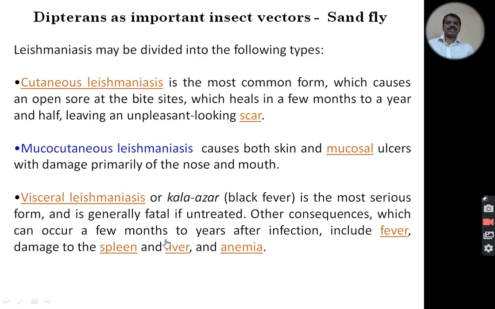The consequences of visceral leishmaniasis can occur a few months to years after infection. The symptoms include fever, damage to the spleen and liver, and severe anemia.